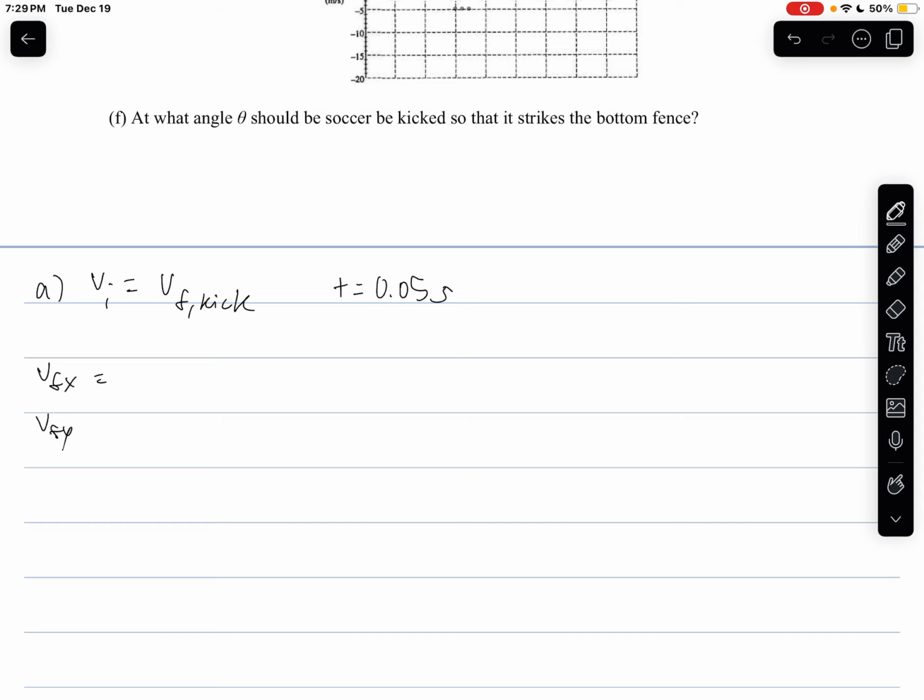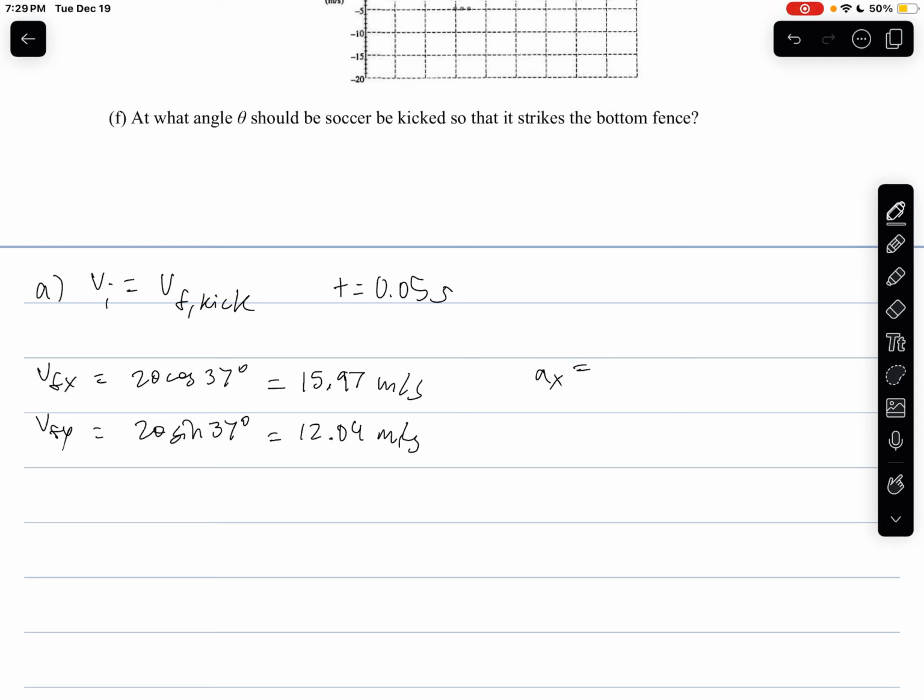VFX is going to be 20 cosine of 37, and VFY is going to be 20 sine of 37. So then it's just going to be 15.97 meters per second, and this is going to be around 12.04 meters per second.